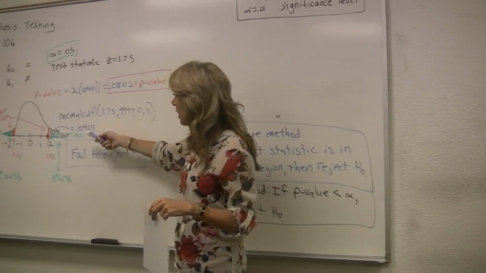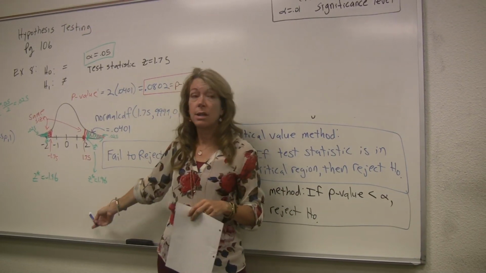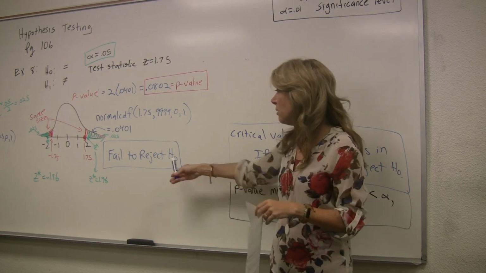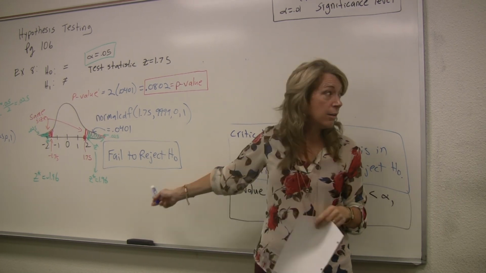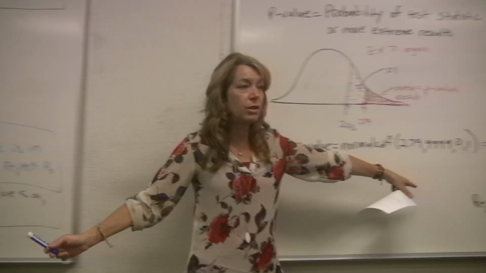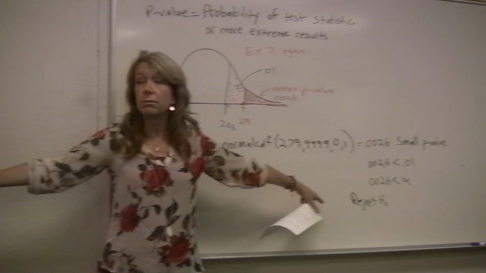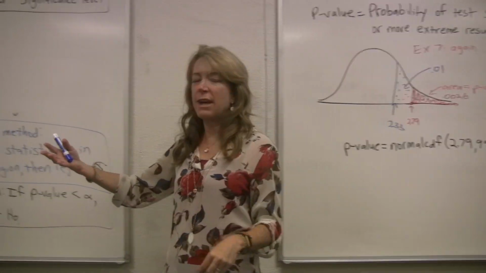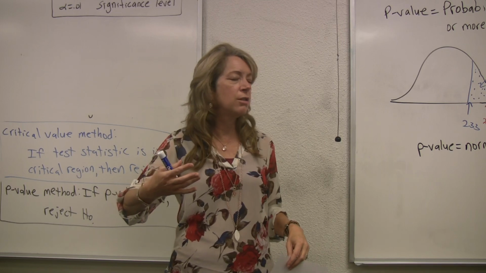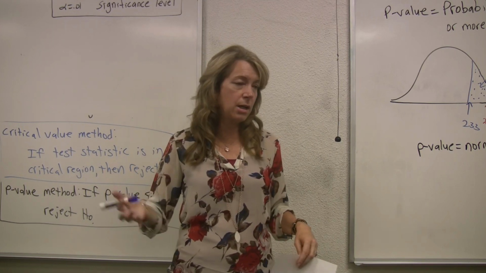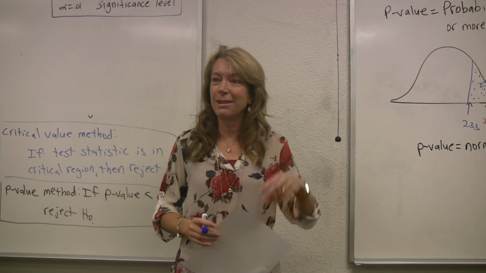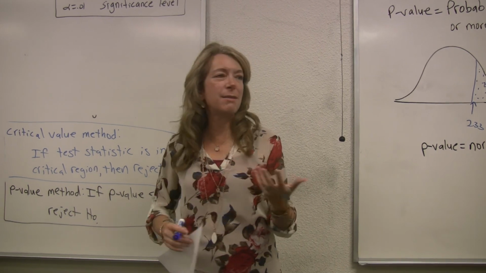Step 4 is to either fail to reject H0 or reject H0 based on your decisions. And then step 5 is to finally state the conclusion to the original claim that we started hours ago, or so it seems. So using some words that somebody could understand.